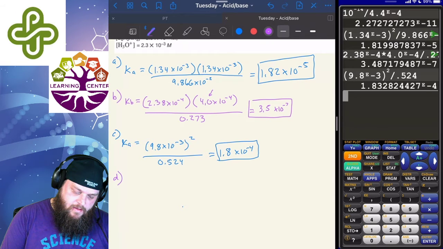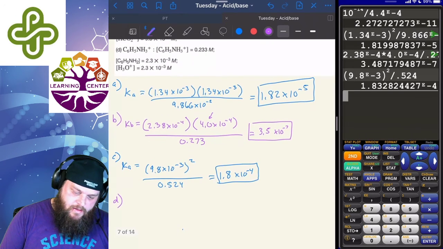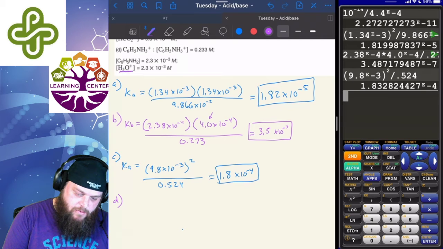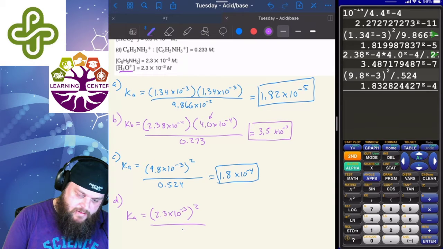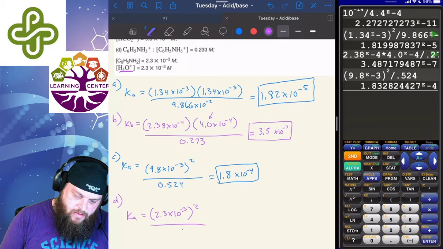Part D, it's the same idea. Here we have hydronium, so we know we have a Ka value. And that's going to equal 2.3 times 10 to the negative 3, the concentration of our base, times that hydronium, which should be the same. So square it, divide by the concentration of our acid, which was 0.233.